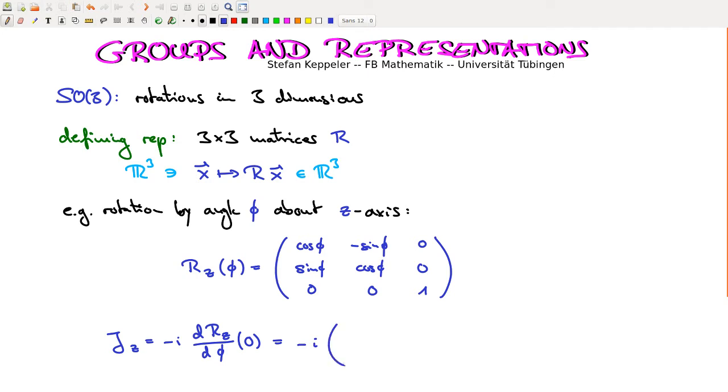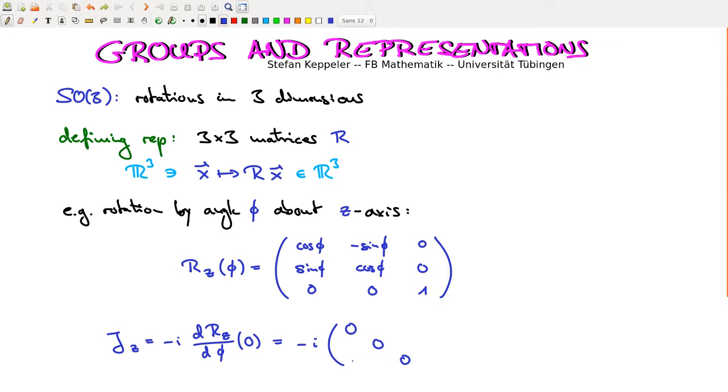So we have a minus I here, and now derivatives of this cosine are minus signs, and at 0 we get 0. So we have zeros here. We also have a 0 here on the lower diagonal, because there was just something constant.